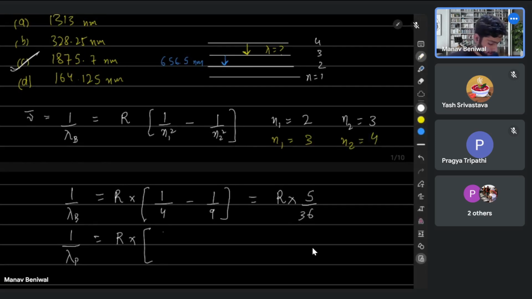So it will be 1 over 3 squared, which means 1 by 9, minus 1 over 4 squared, which means 1 over 16.